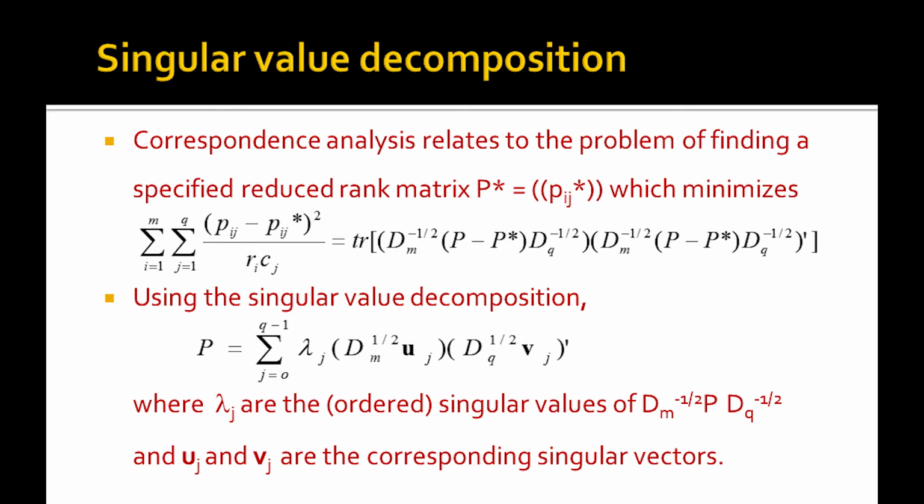Remember that we have assumed that q is less than m. So when you do the singular value decomposition, the number of terms should be q. And we are assuming that j runs from 0 to q minus 1, which really means there are q terms. One reason why we take j equal to 0 to q minus 1, we'll explain later on, because it's easy to understand that way. So there would be q terms in P in the singular value decomposition.